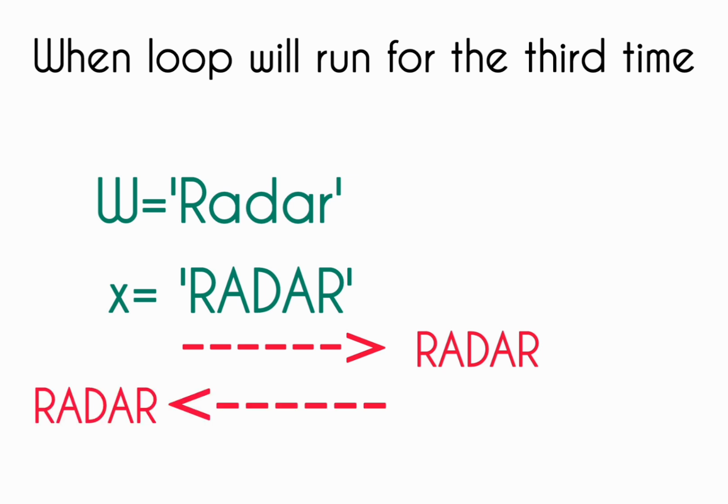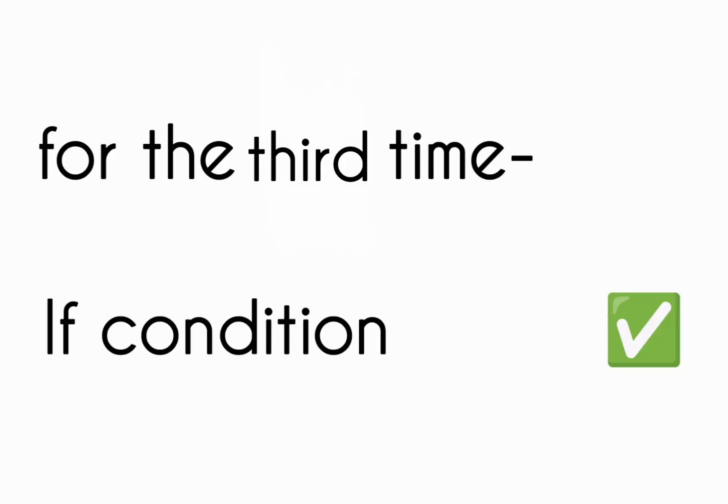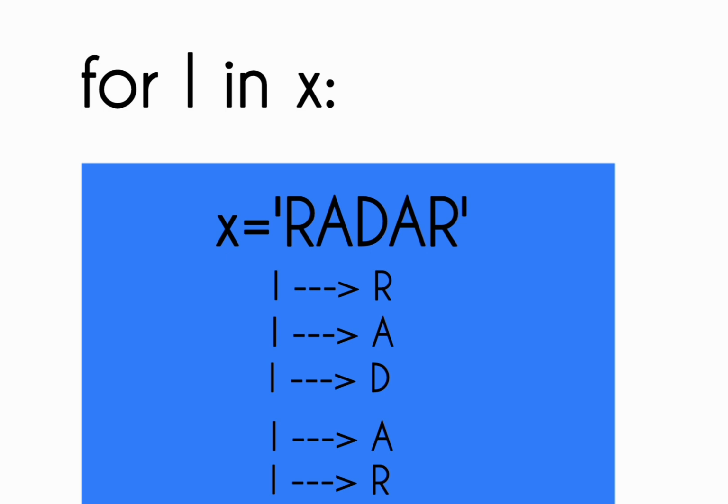And even if you read this word from the right side, you will also read radar. That is, this word is a palindrome and sounds the same and remains the same whether you read it from the left side or the right side. This means that our if condition is correct. Now we have to perform the loop written inside the if condition, because our if condition became correct.